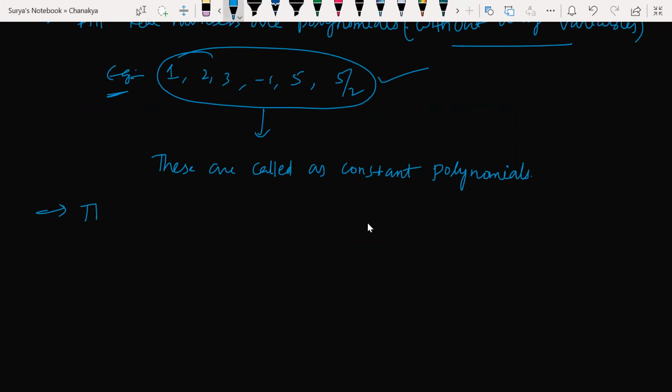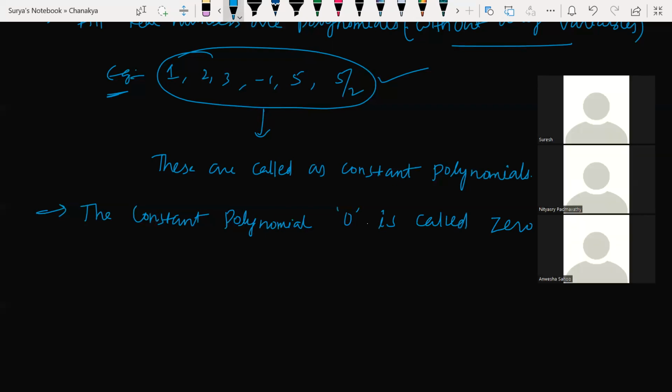Next, one more point. The constant polynomial zero is called zero polynomial. What is it? Zero polynomial. Everyone write every point. Everyone must write there, guys. Everyone should write.